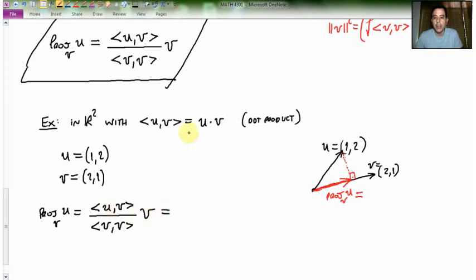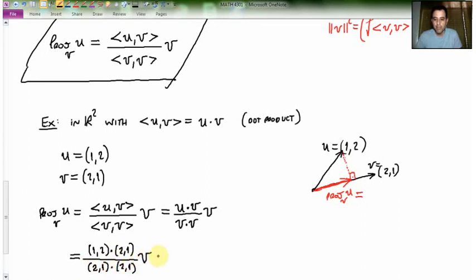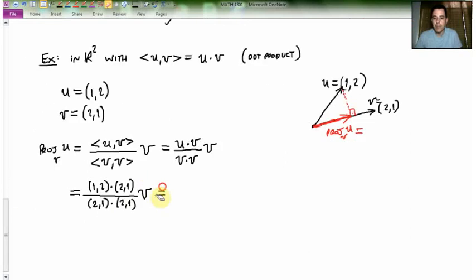Okay, the inner product that we're going to use, because this is R2, is the dot product. So this is u dot v divided by v dot v, in the direction of v. u dot v is 1, 2 dotted with 2, 1, divided by 2, 1 dotted with 2, 1, and v is 2, 1.